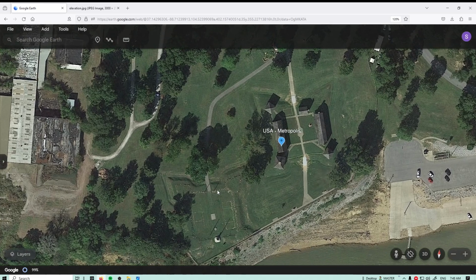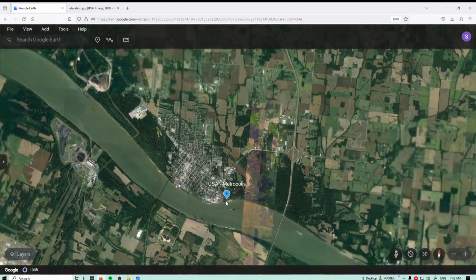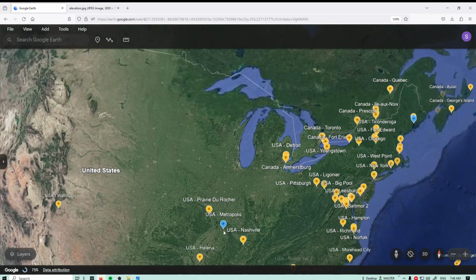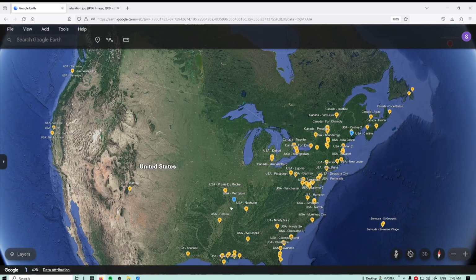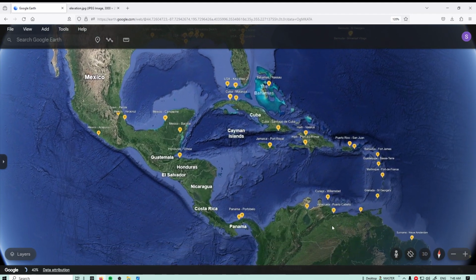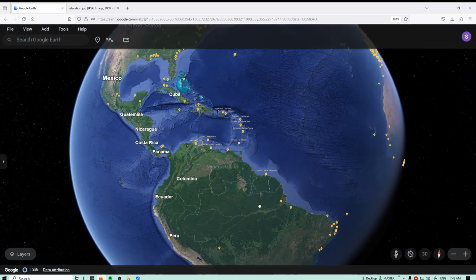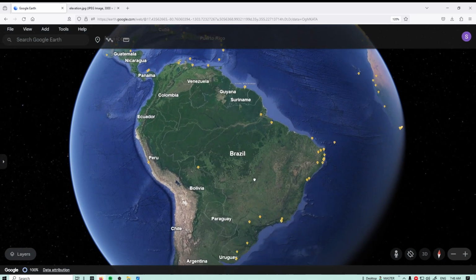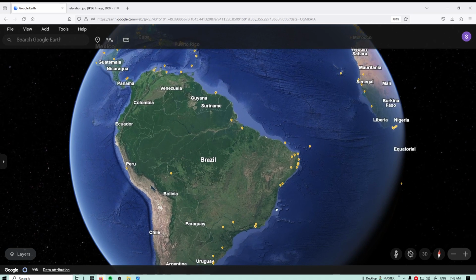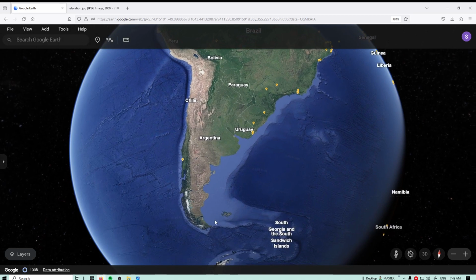Again, just below the ground level. And we're gonna take a look at South America. There's again very little in the land, mostly around the continental mass.